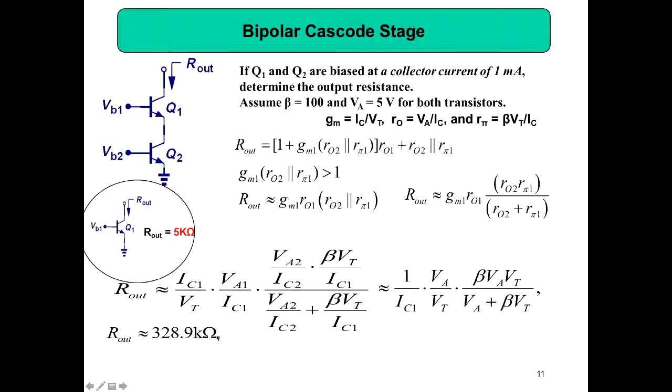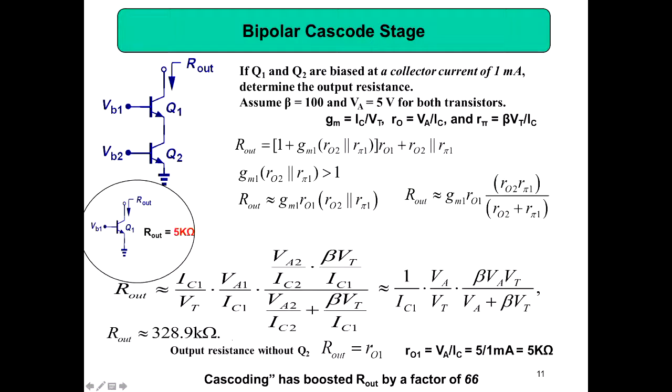See, if you are making a current source using only one transistor, your output impedance is only 5 kilo ohm. But if you connect one more transistor, using emitter degeneration with two transistors, you get an output impedance of 328.9 kilo ohm. So your current source has a very high output impedance. You can see 5 kilo ohm versus 328 kilo ohm.